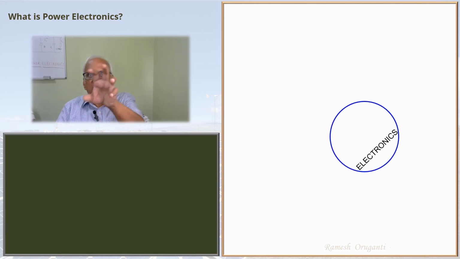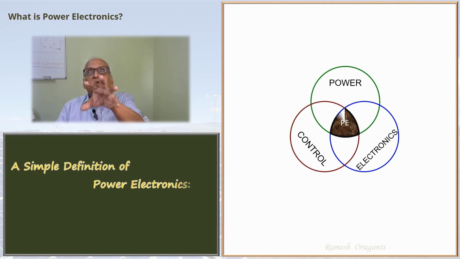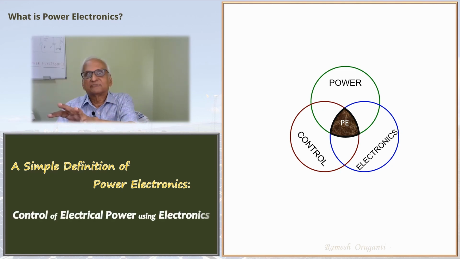Second, we are controlling electrical power, so we are controlling electrical power using electronics. Then the third is, of course, the control. So you can see that this gives you a simple definition. It is a control of electrical power using electronics.